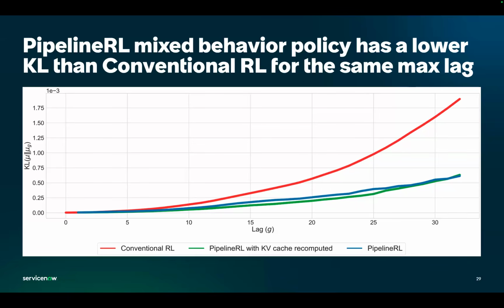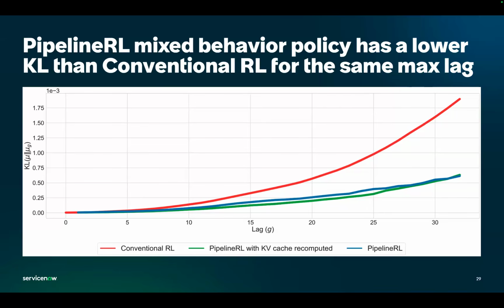And what we see is that for the same value of lag, the difference between the behavior policy and the current policy is actually way lower for PipelineRL. And what's very interesting is that even if we recomputed the KV cache, which is extra computation, the KL would remain the same.